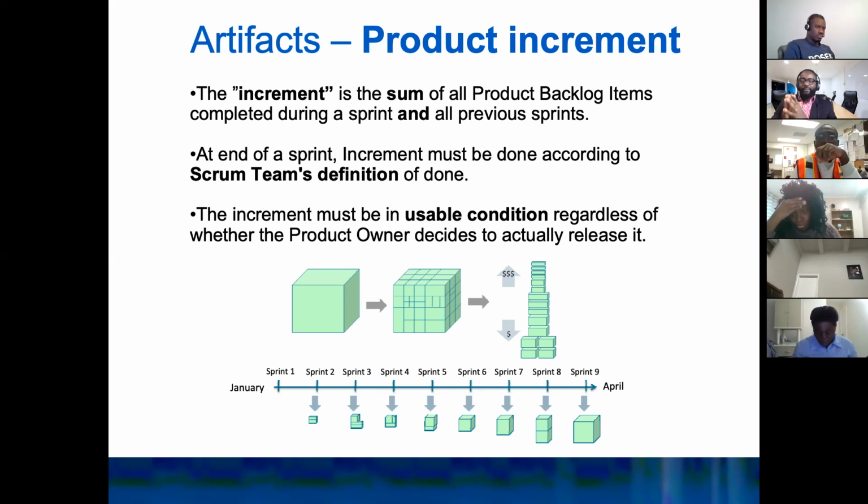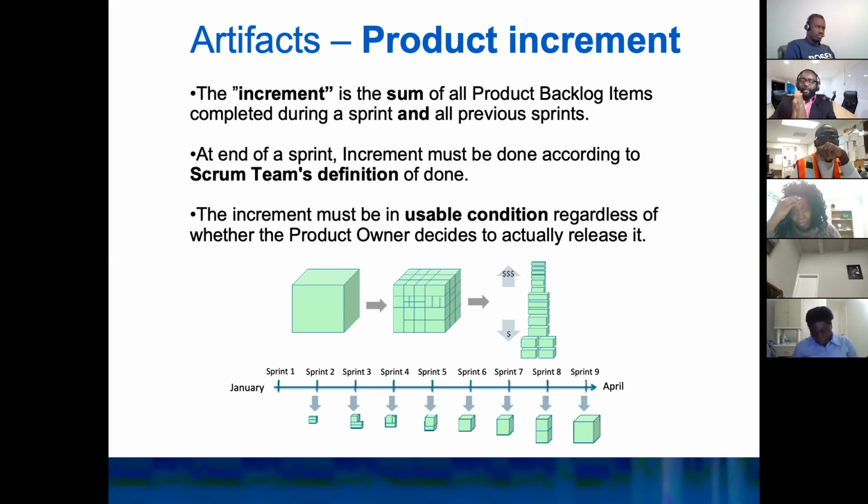That's what the definition of done is. And that's something that the Scrum team sits down and defines. And they can review that during the retrospective meeting, right? And make some changes or updates, remove stuff, add stuff, okay?